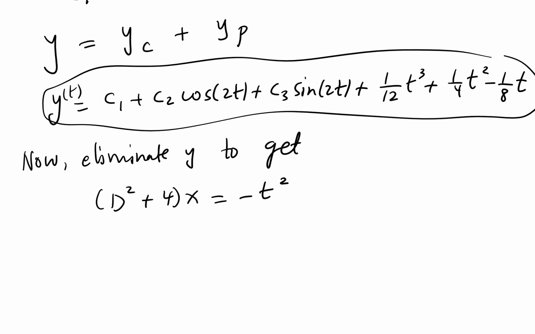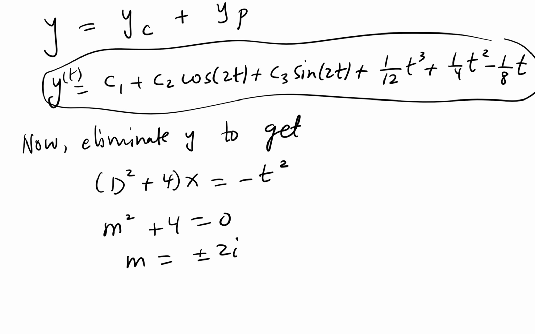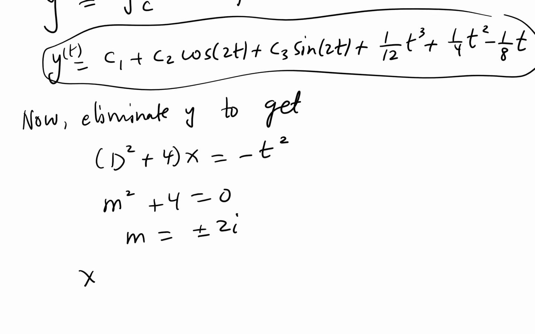Again, because it's not 0, we have to find the particular and the complementary solutions. From the auxiliary equation, you get m squared plus 4 is 0, so m is plus or minus 2i. So x, not y, x complementary is c4, because I used c1, c2, and c3 already, c4 cosine 2t plus c5 sine 2t.